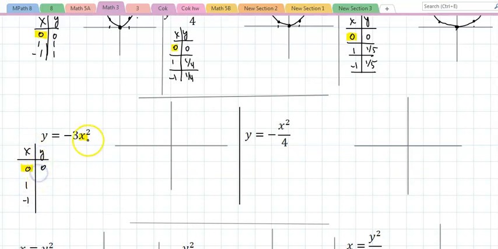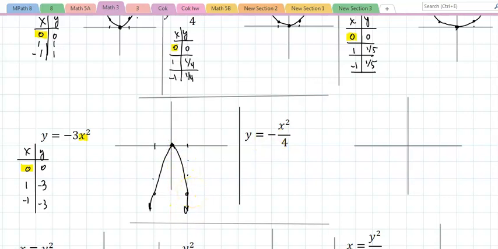A 0 will get me 0. A 1, 1 squared is 1 times negative 3 is negative 3. So 0, 0, 1, negative 3, and negative 1, negative 3. So the parabola looks like this.